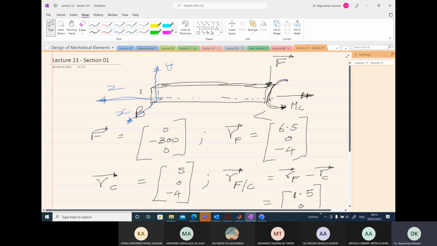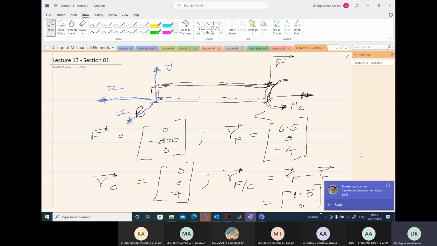You will have all three moment reactions and all three displacements. Because of displacement, you have force reactions. So we will have around 6 different reactions here.